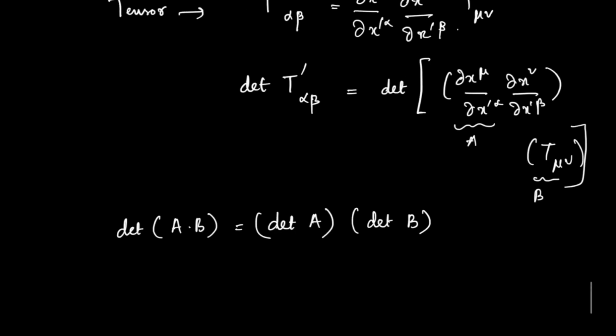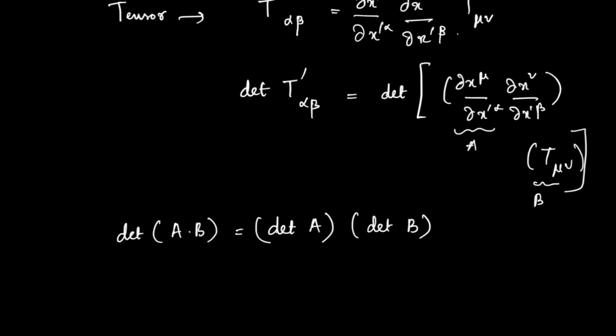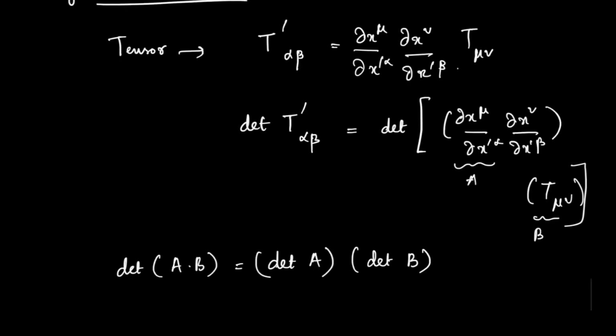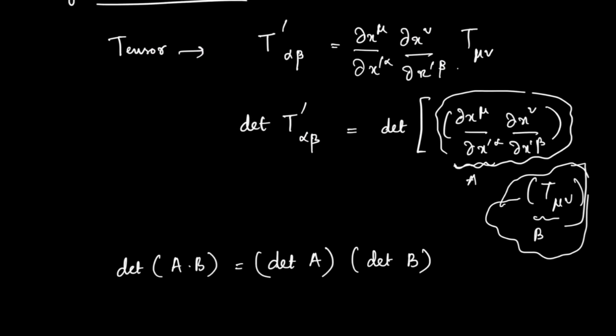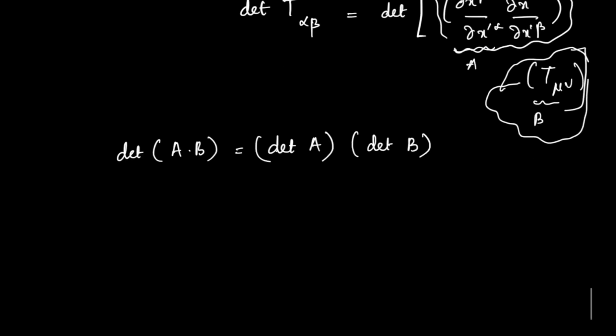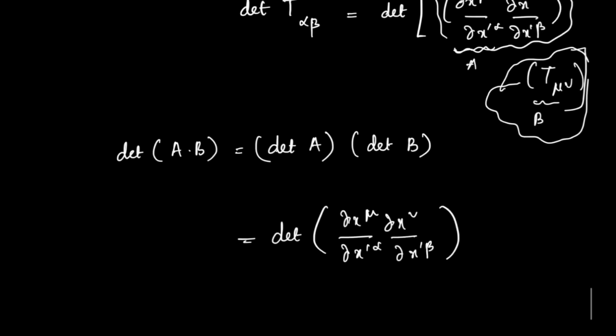Similarly, this tensor equation can also be represented by matrices. So if I take the determinant of this quantity and this quantity, then I can write it as the determinant of the first term multiplied by the determinant of t mu nu.